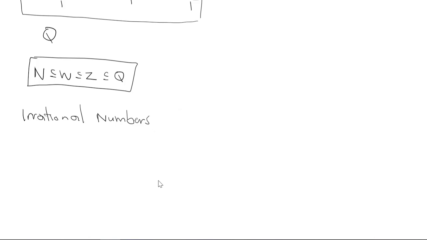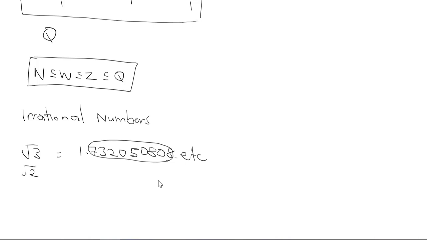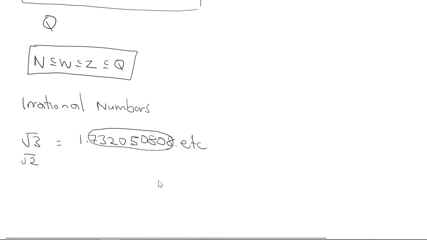For example, root 3, and this is equal to 1.7320508808, etc. The decimal portion of this number does not repeat, and it neither terminates. Root 2 is also a surd.